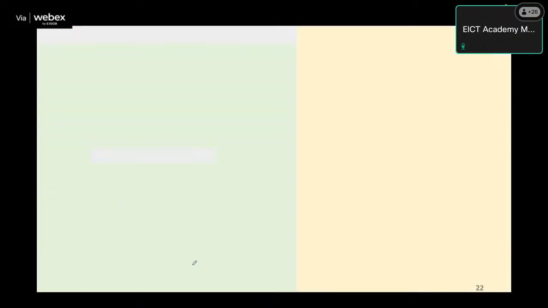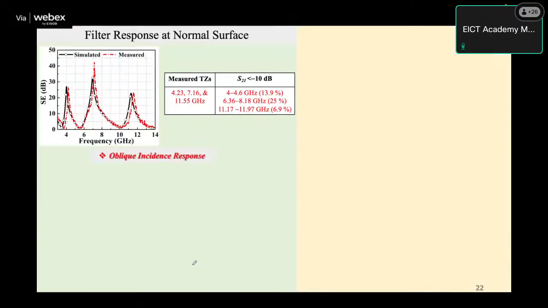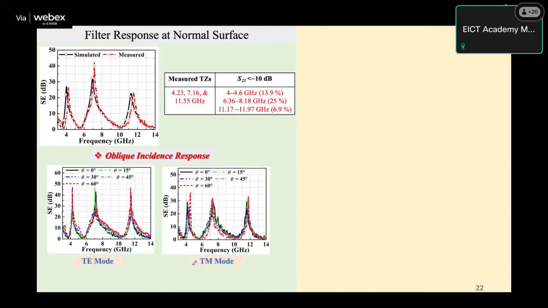But sir, when you are calculating the shielding effectiveness, is it calculated using S11 only or S21, or are both terms used for this calculation? It depends on what kind of FSS surface you are using.